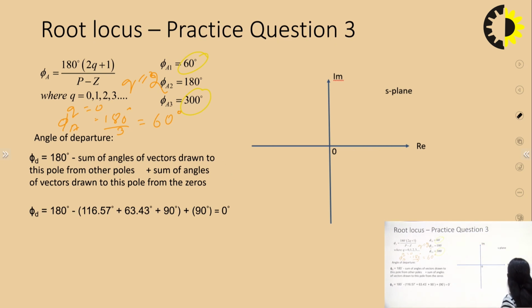So to find these angles, we need to draw these vectors, the sum of the angles of vectors drawn to this pole.